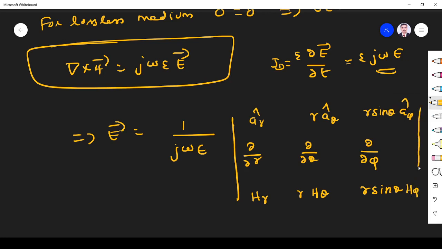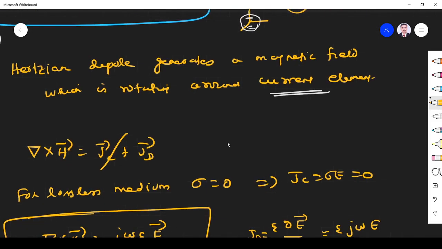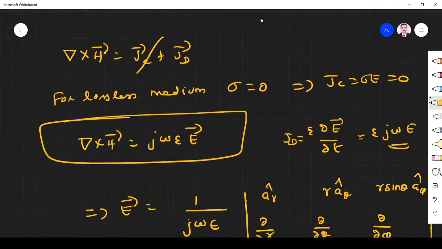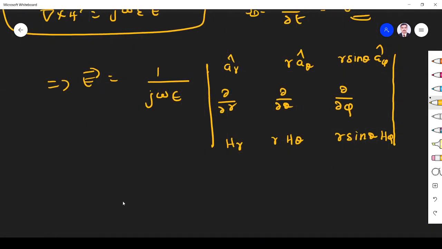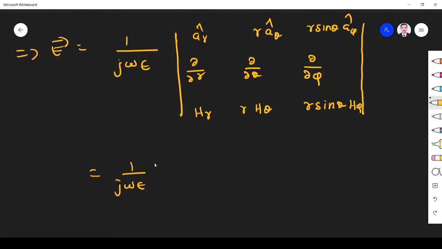We have only H phi; HR and H theta are 0. Clear or not? So here we make it 1 by j omega epsilon.